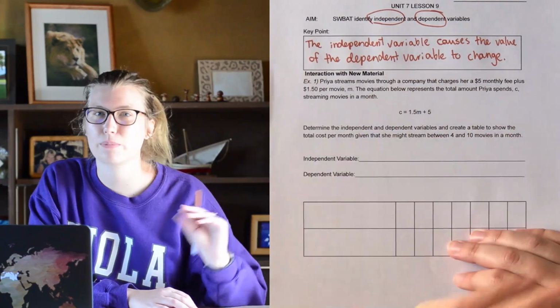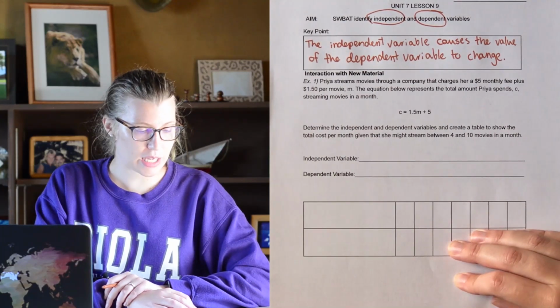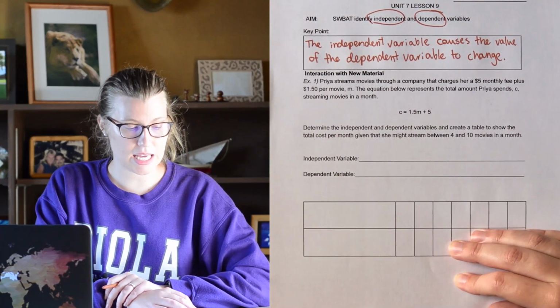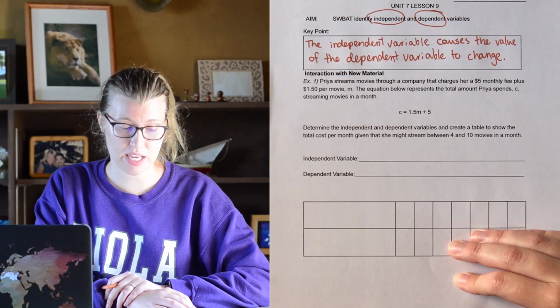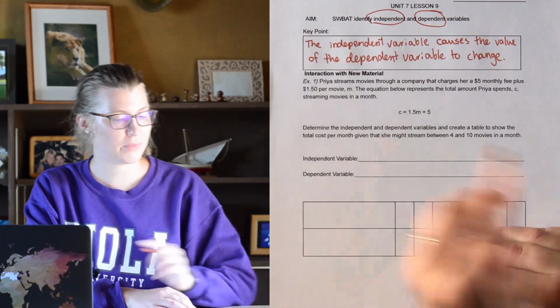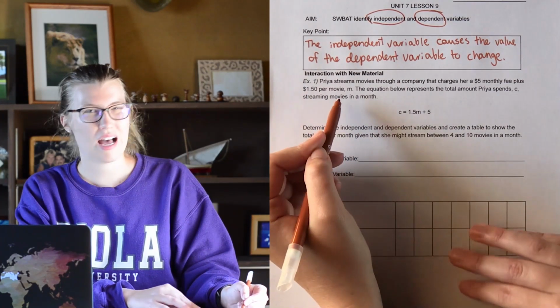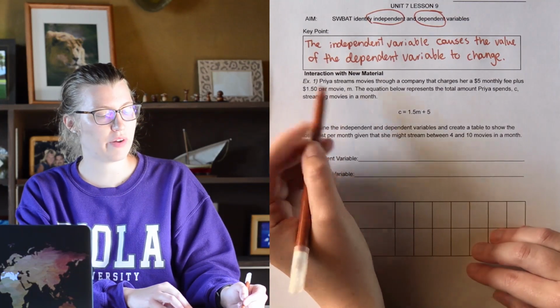All right, let's practice finding these two things, okay? Priya streams movies through a company that charges her a $5 monthly fee plus $1.50 per movie M. I found one of my variables. I don't know what it is yet, independent or dependent, but I found one of them.